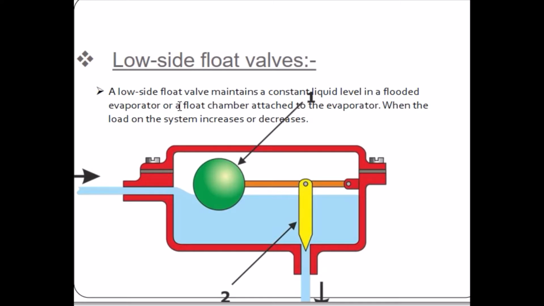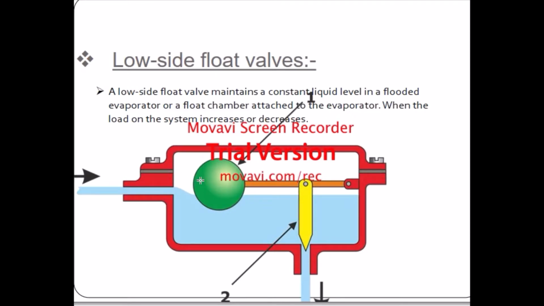A low side float valve maintains a constant liquid level in a flooded evaporator or a float chamber attached to the evaporator when the load on the system increases or decreases. Okay, we check first which one is the input valve and the output valve. This one is the input valve, this one is the output valve. This one supplies to the evaporator, this one is for the condenser.